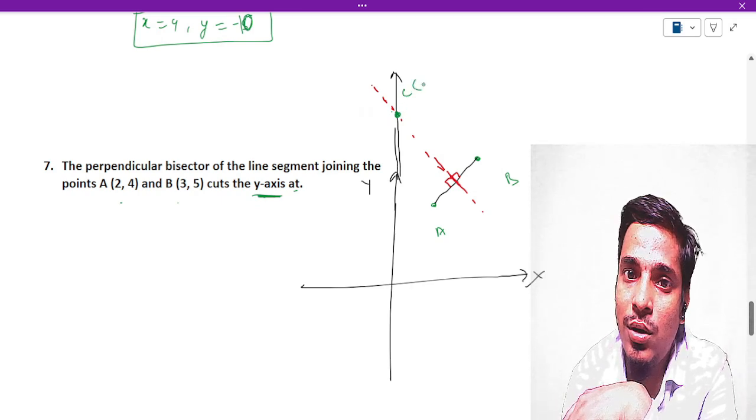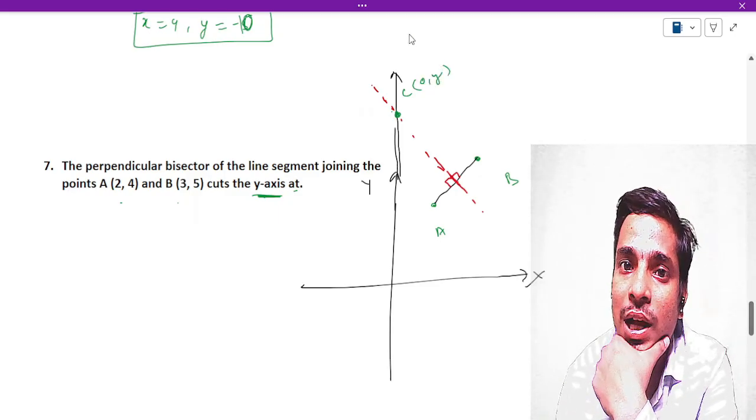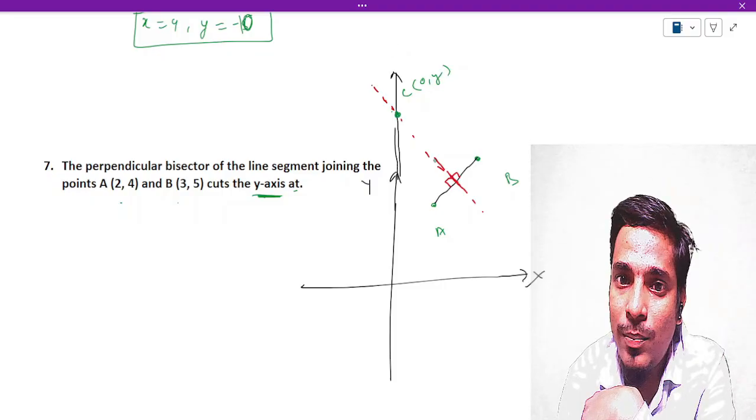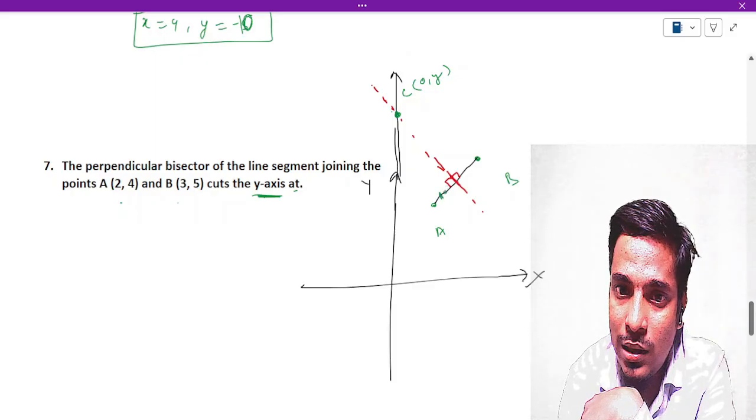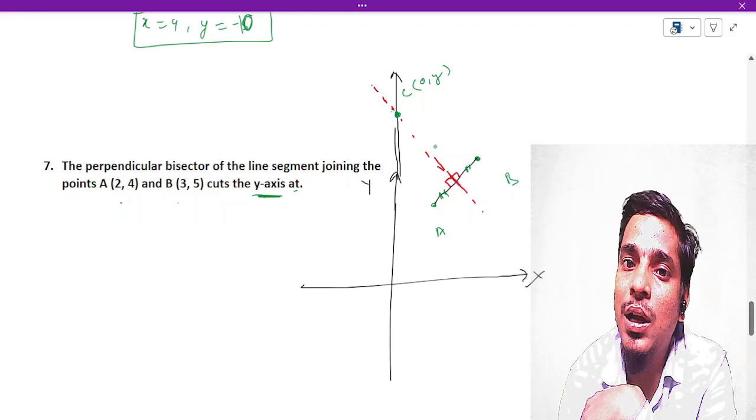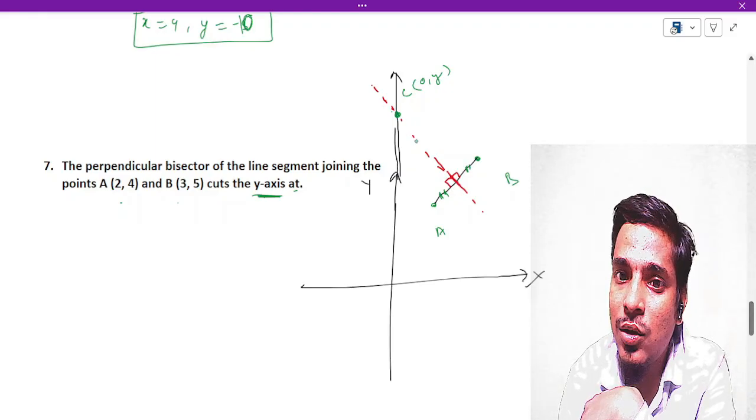Every point on the y-axis is of the form 0 comma y. Now as this is the perpendicular bisector of AB, this part and this part both will be equal, and this is common for both.